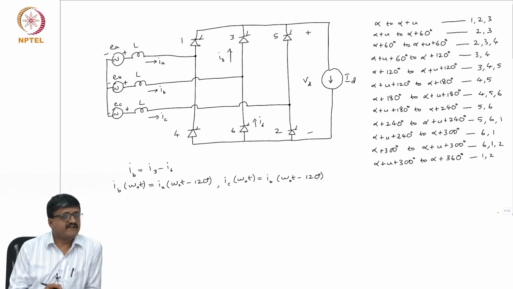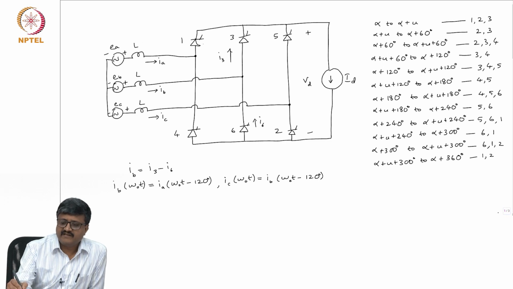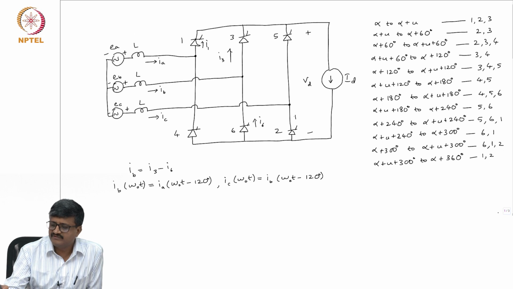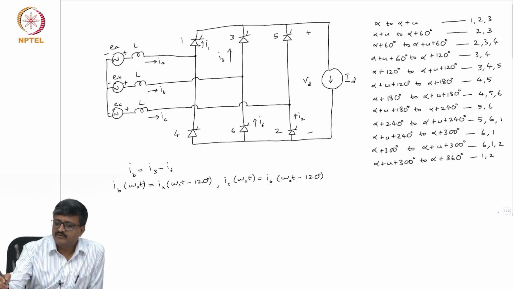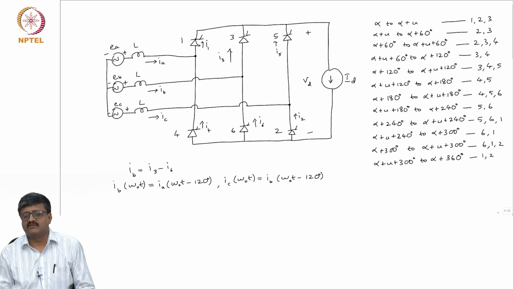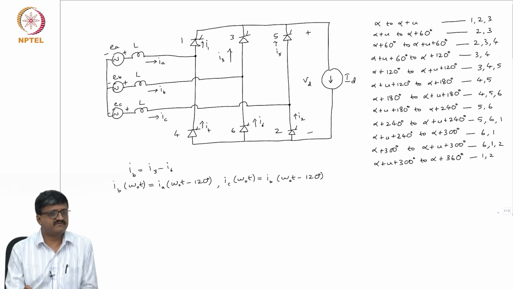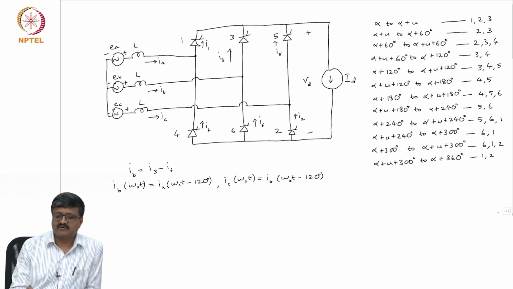Now if you look at the currents through the valves, I can have a current through valve 1 which is I1, current through valve 2 which is I2, current through valve 3 is I3, current through valve 4 is I4, current through valve 5 is I5. Now I will try to use one fact which I think we are all familiar with.